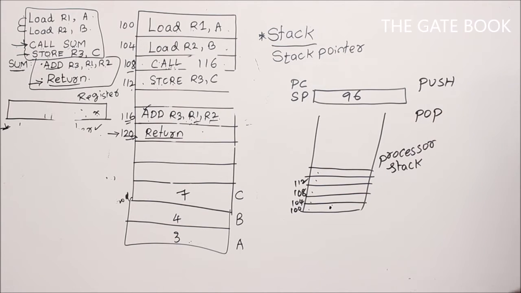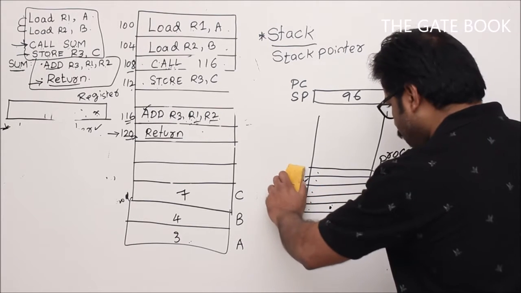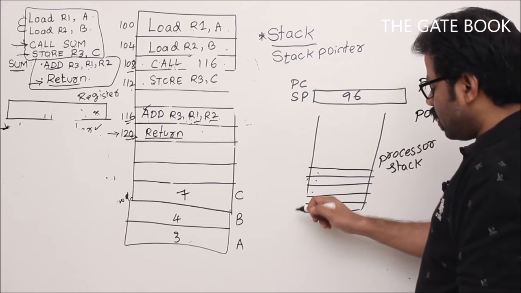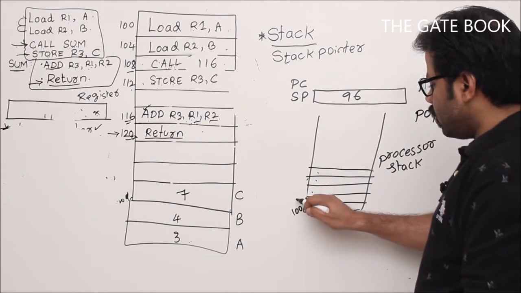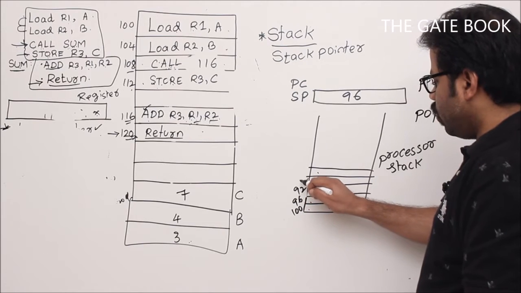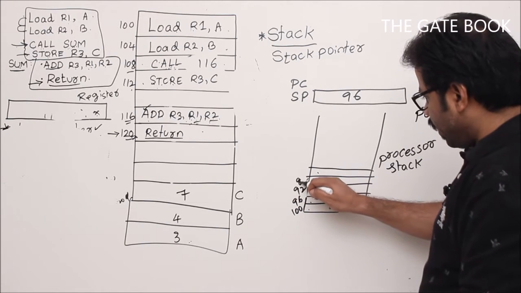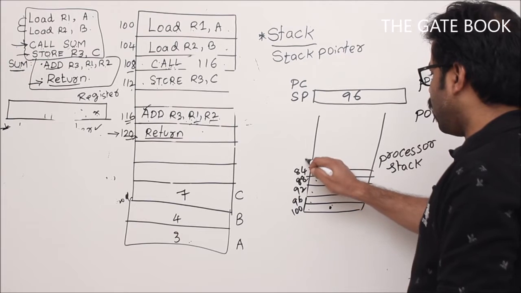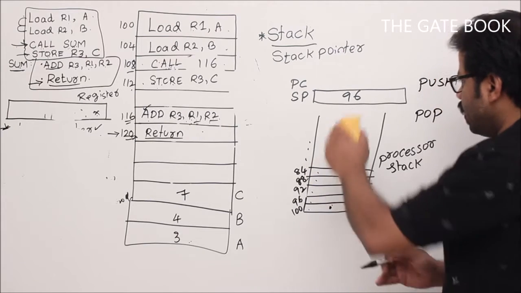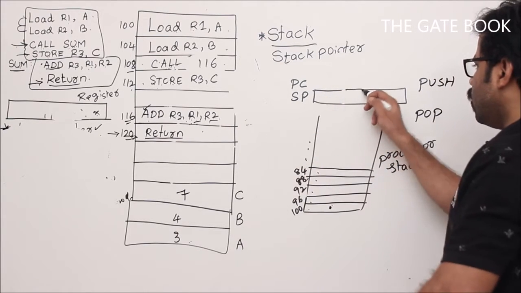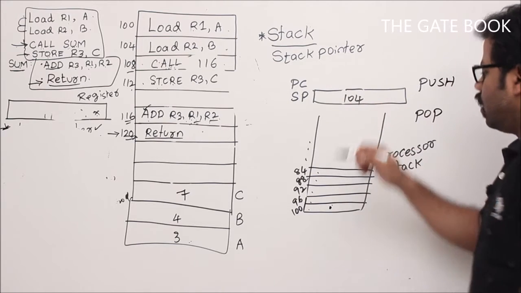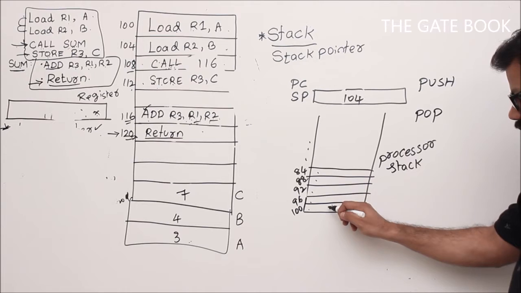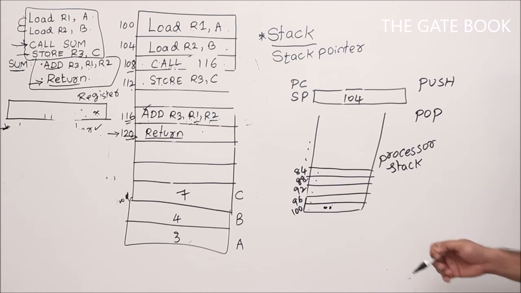We'll see. For push, of course, because it is from bottom to top, the addresses will be like this, right? Maybe this is 100, this is 96, this is 92, this is 88, 84, and so on. That means whenever the value is decreased, you are going to push, correct? So initially it will be 104. Now step number 1, if I want to write data here, what should be the operation?